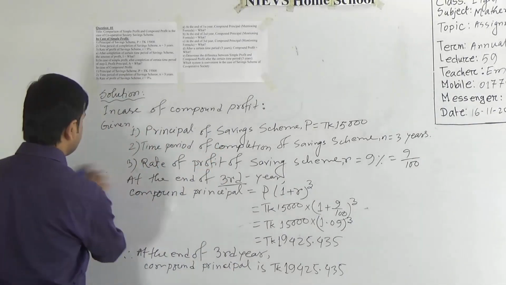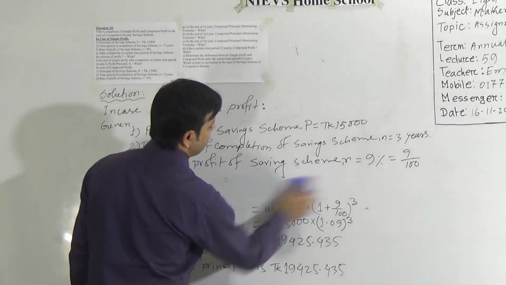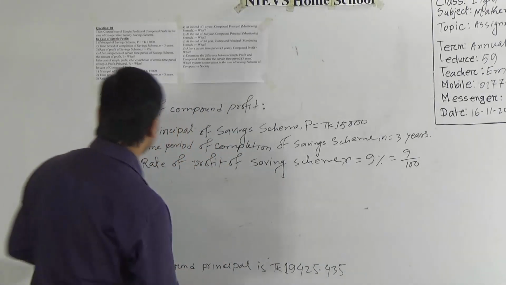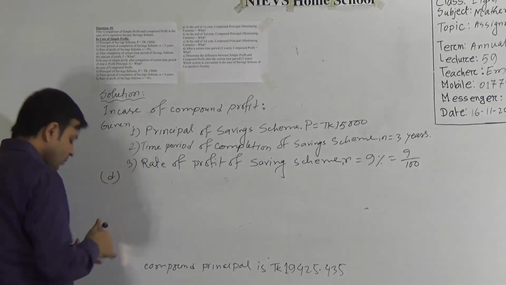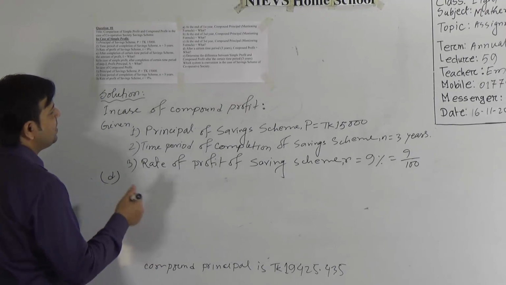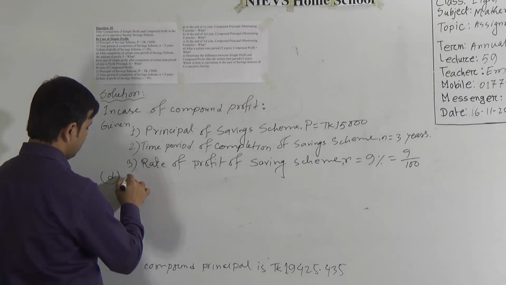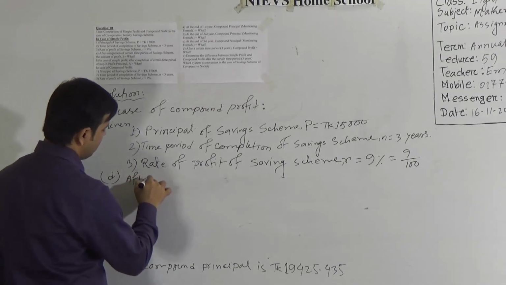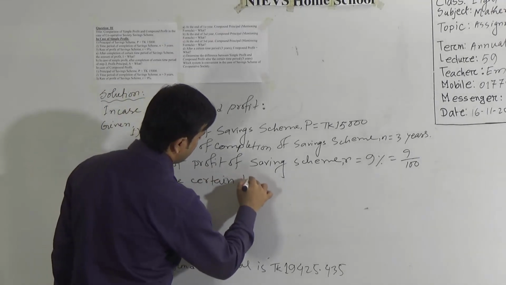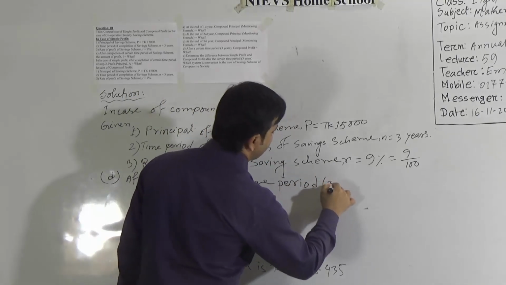Okay, dear students, now see question D. This information we need here. Question D is after the certain time period, it means 3 years.